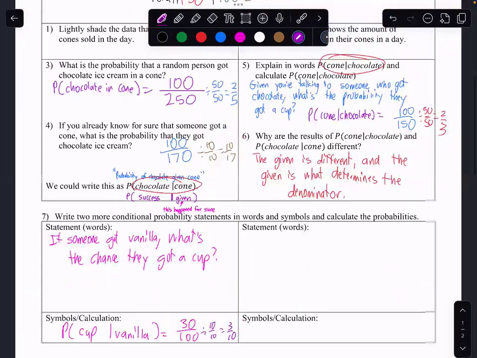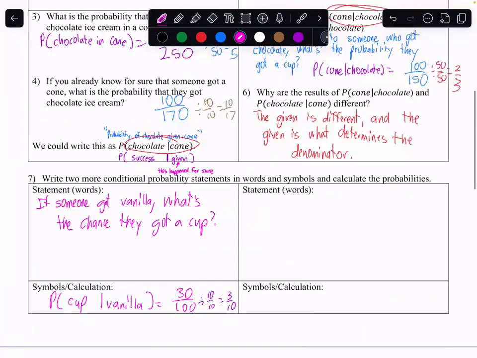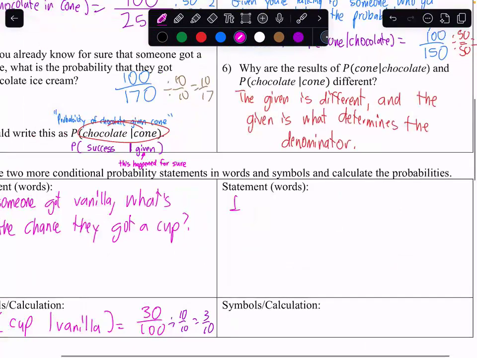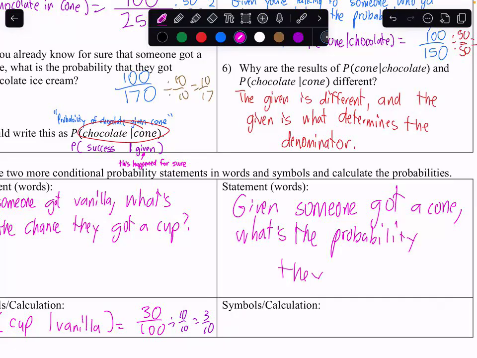Okay, and then one more. Let's say this time, given someone got a cone, what's the probability they got vanilla? This time I know for sure they got a cone, so that goes after the bar.